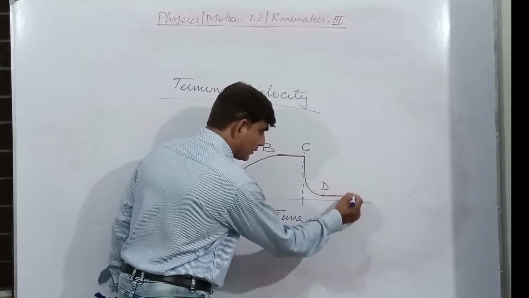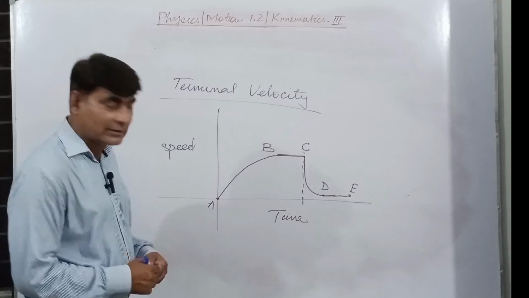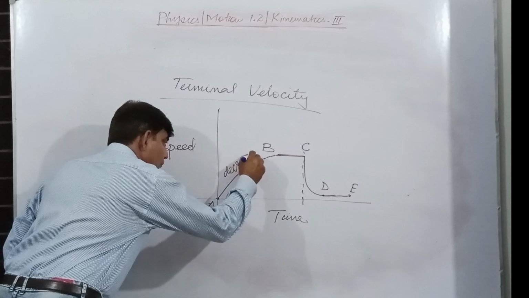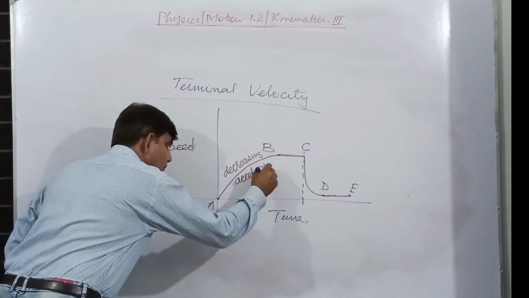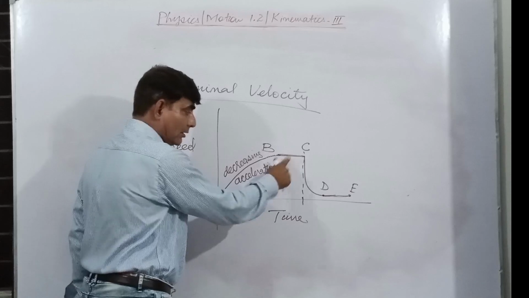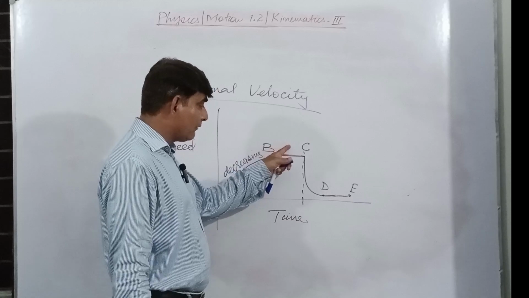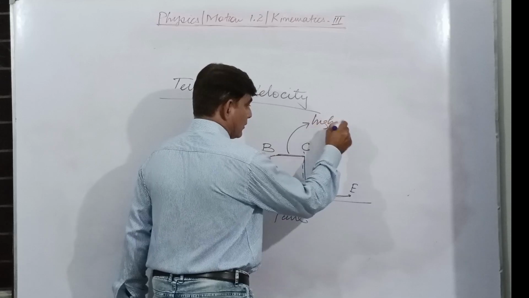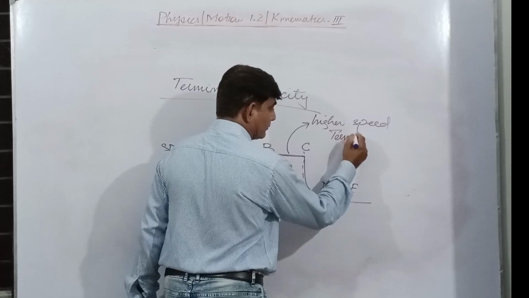This point is D, this point is E. From A to B, decreasing acceleration. What is it? Terminal velocity at high speed. What is it? Terminal velocity at some lower speed. Higher speed terminal velocity, lower speed terminal velocity. This is higher speed but terminal velocity.